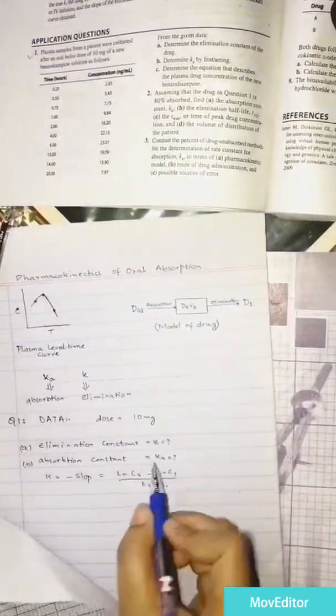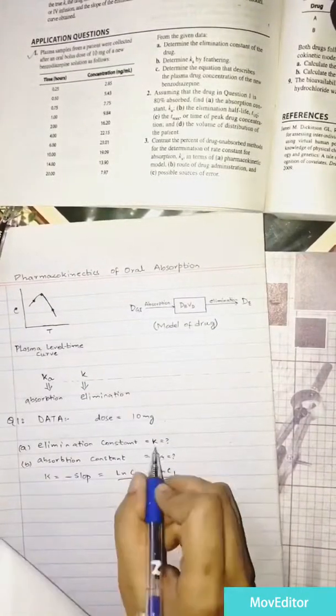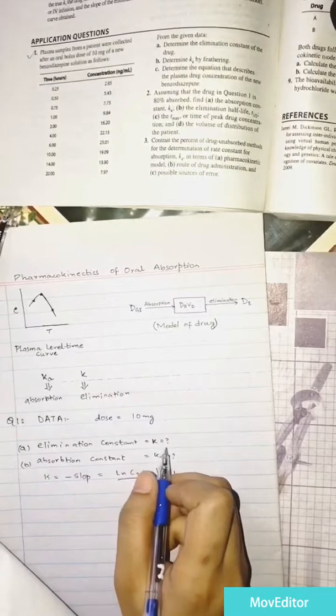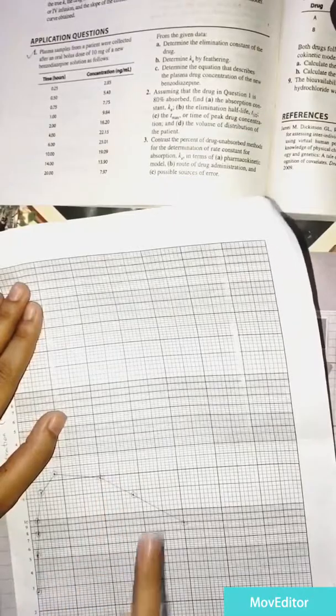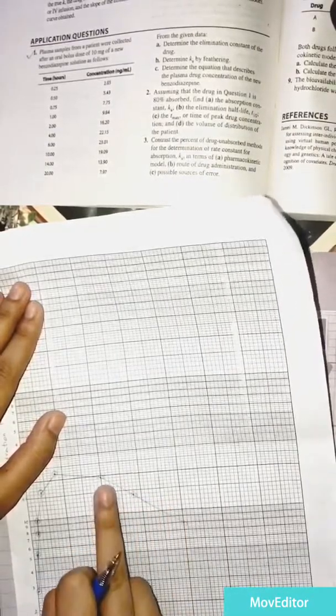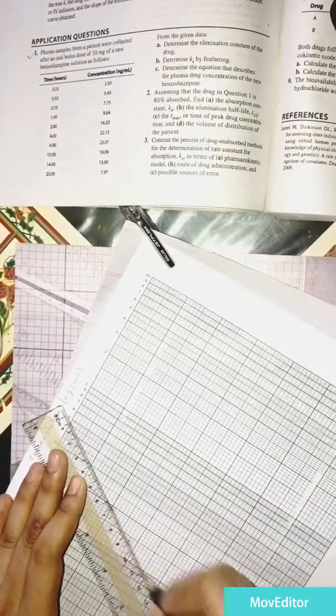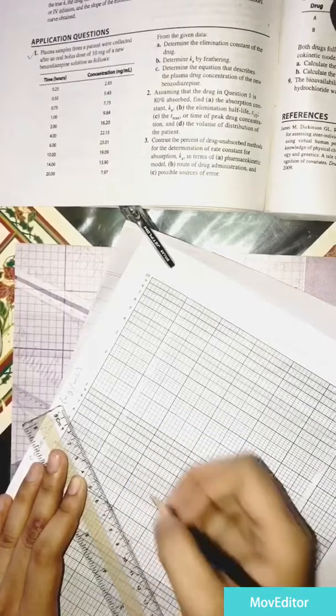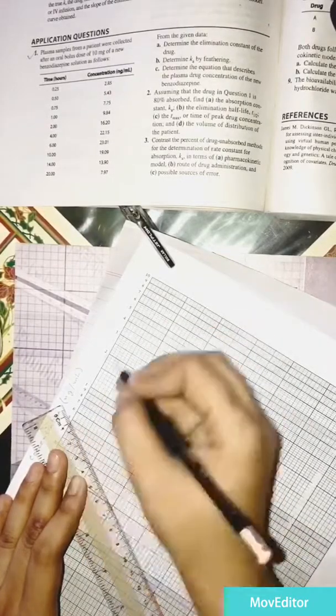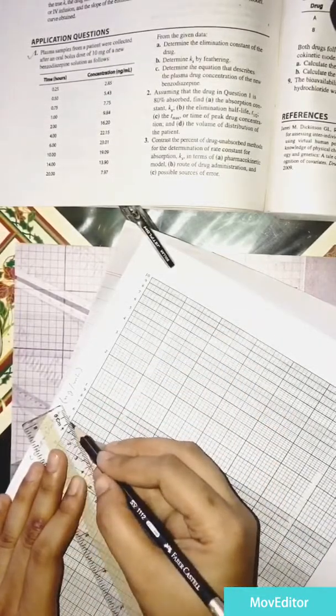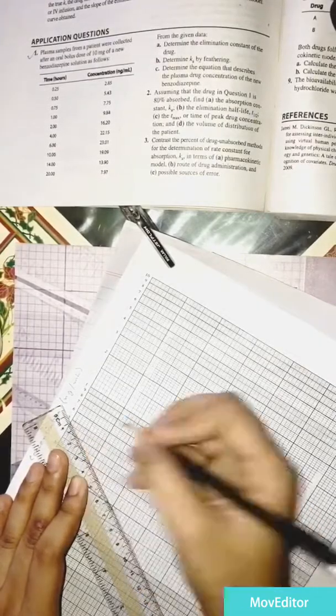For the elimination constant K, we are going to extrapolate from this line. We'll decide two points from this line. I'm just extrapolating this straight line towards the y-axis so that I can find the initial concentration.